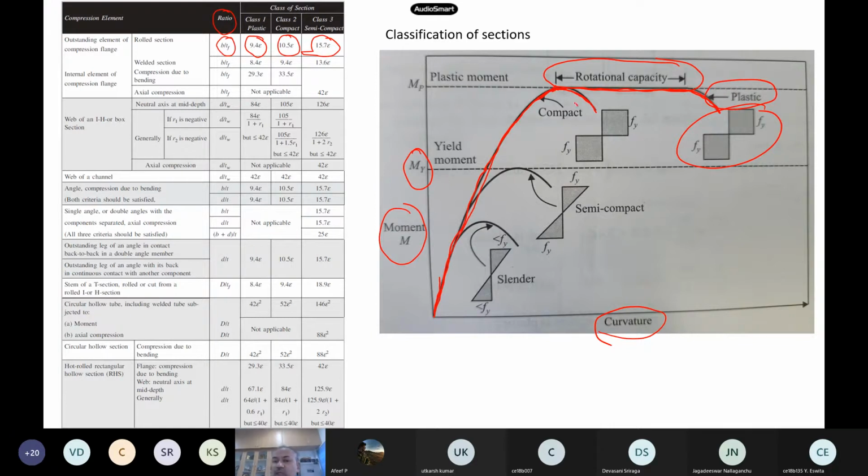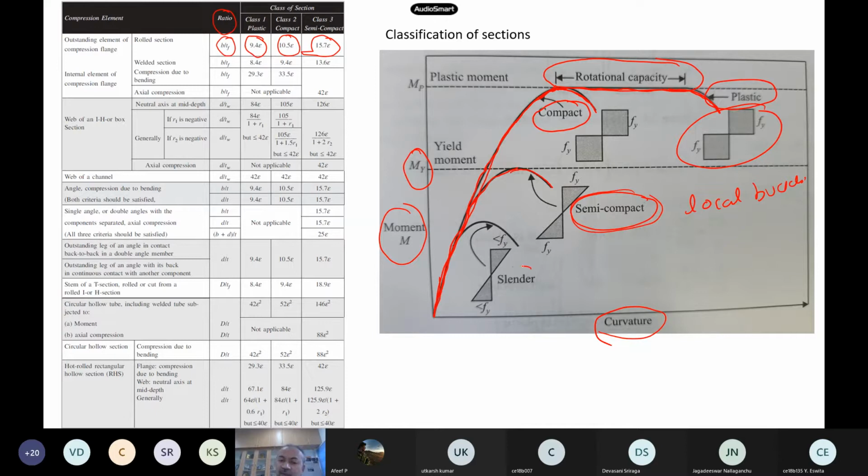This we define as a compact section. Then we have semi-compact sections also, where the moment curvature relation is similar, but local buckling occurs at the yield moment itself. After this it just collapses. This we call a semi-compact section.